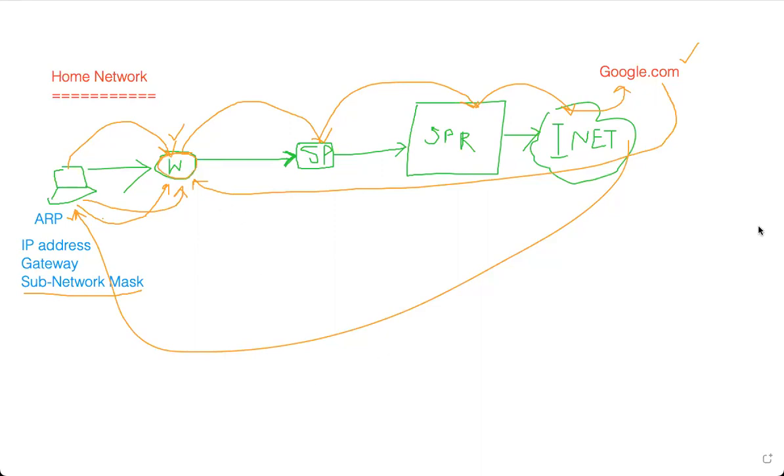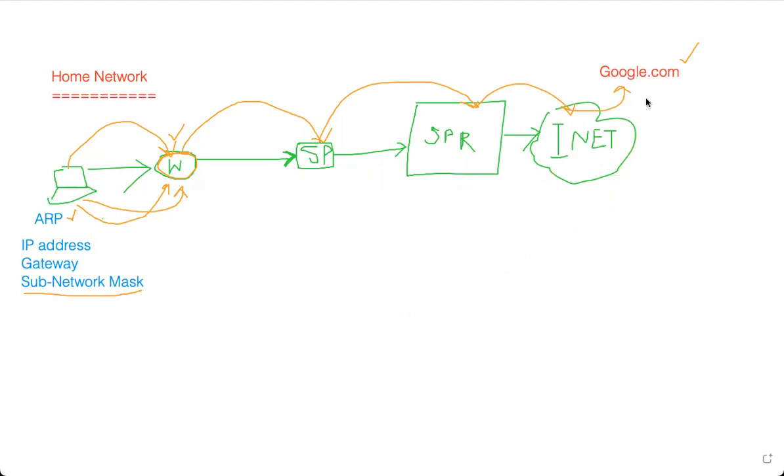For example, in the same diagram, I can turn on a firewall here. I can put a firewall there, and I am able to protect my network.